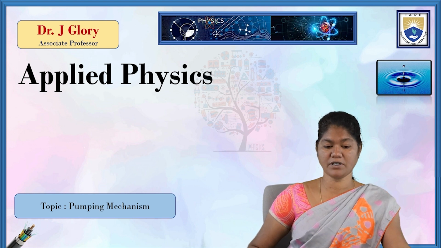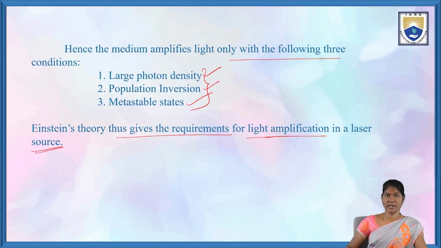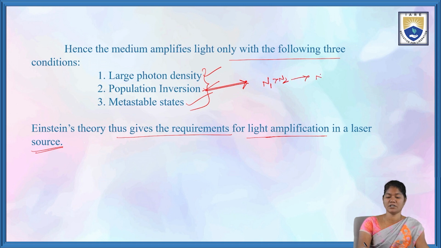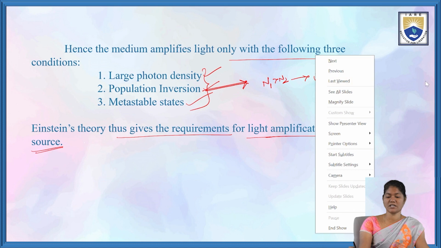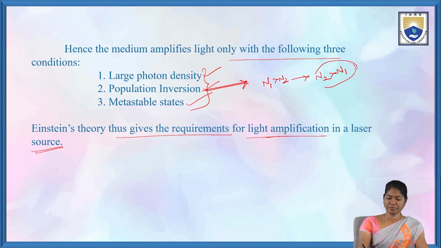In the previous one, we saw the three conditions: large photon density, population inversion, and metastable state. In the population inversion, usually N1 is greater than N2. We have to change this condition to N2 is greater than N1. Achieving N2 greater than N1 is called the population inversion.